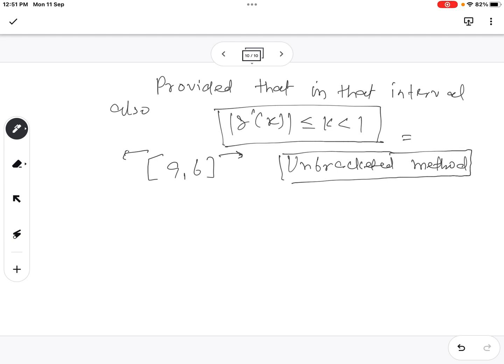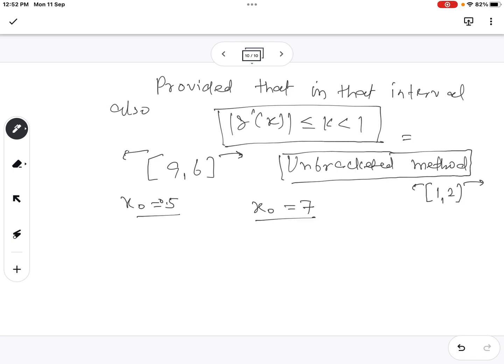So this example we have seen before also, in the previous video, the example which I had taken, there we started with the initial approximation x naught equal to 0.5. There the root lay between 1 and 2, so this is outside this interval, and also we started with x naught equal to 7, that is also outside this interval.